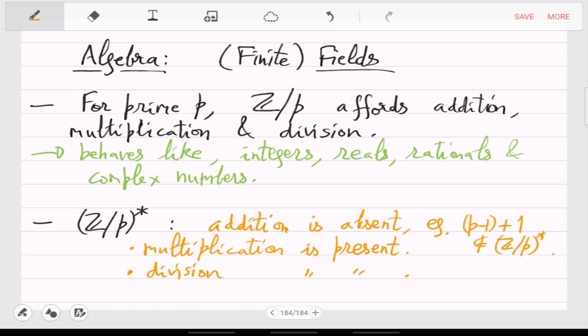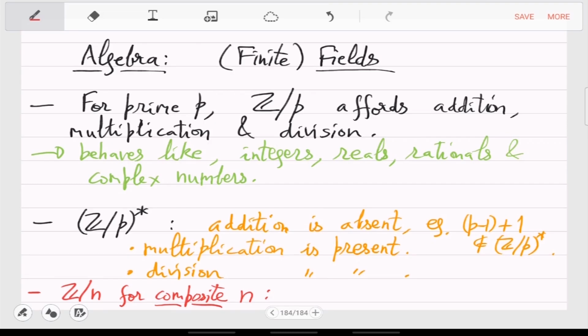And what happens when you look at Z/n where n is not prime? What happens with composite n? Can you add? Can you multiply?